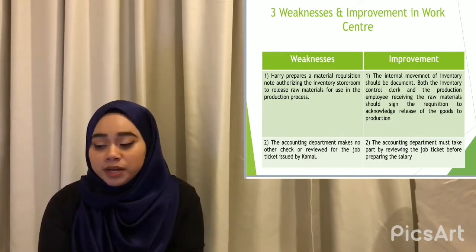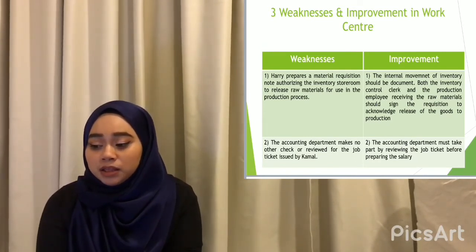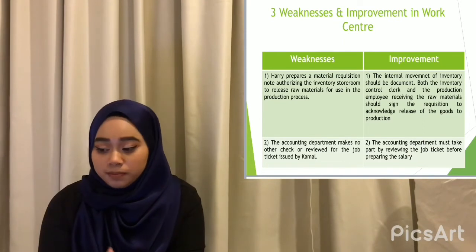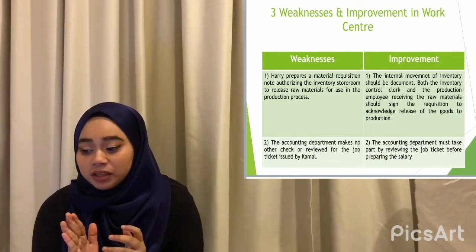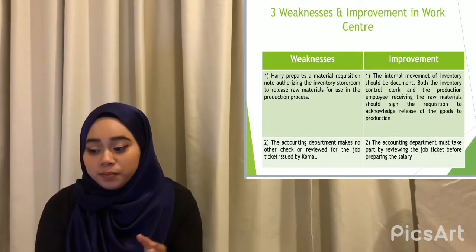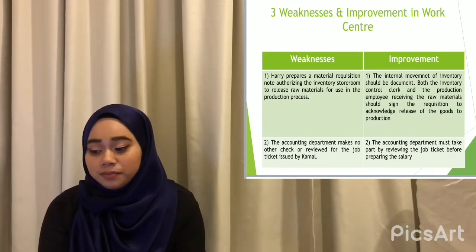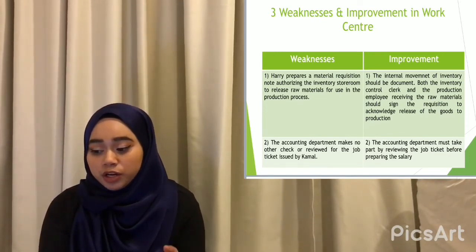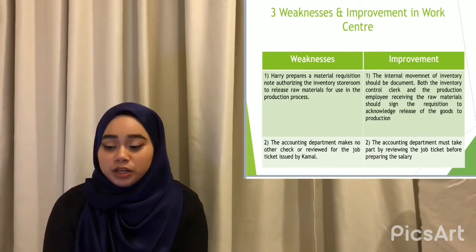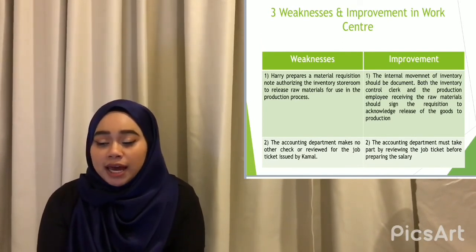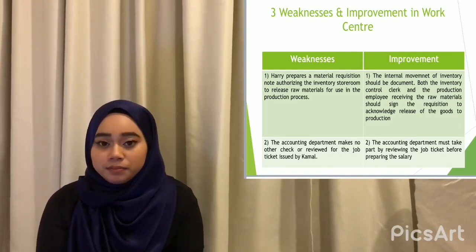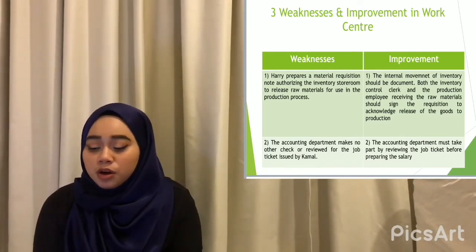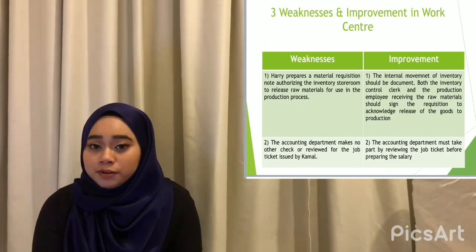The improvement is the internal movement of inventory should be documented. Both the inventory control clerk and the production employee receiving the raw material should sign the requisition to acknowledge the release of the goods to production, to avoid any material differences that happen between the production process, or to avoid any inventory loss.